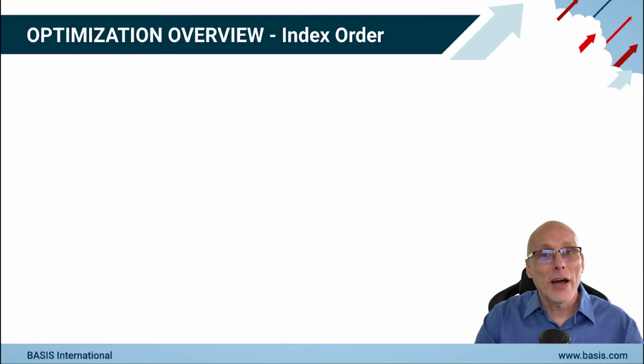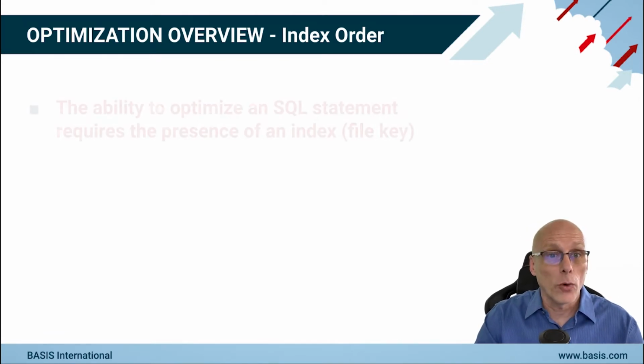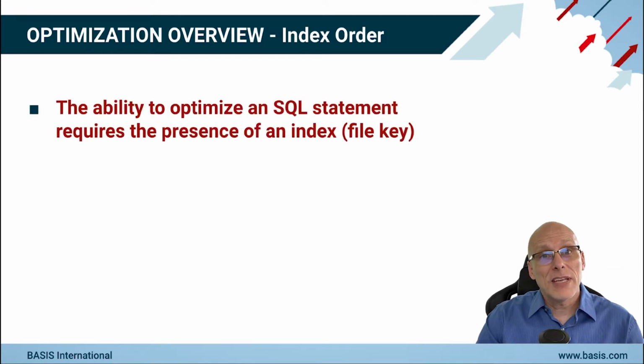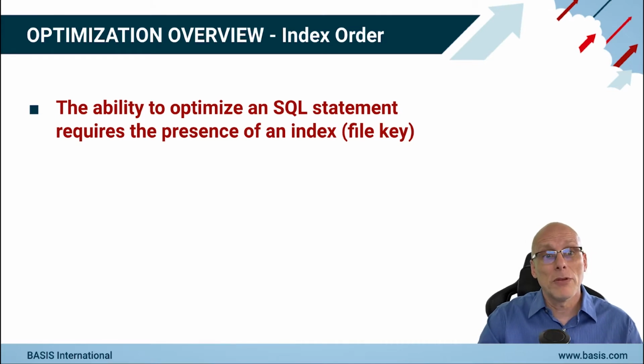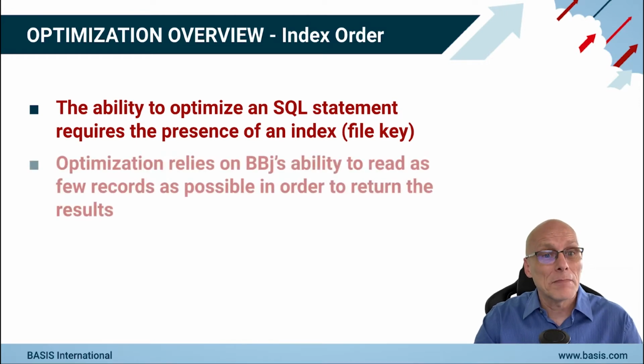All right, so when we start off talking about optimization, the first thing that we need to understand is index order. Index order is at the foundation of this ability to optimize our queries and to use these keys and indexes. The ability to optimize an SQL statement requires the presence of an index, as I pointed out a moment ago, or in file system terms, a key.